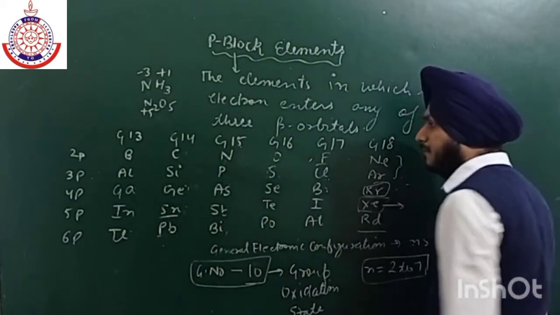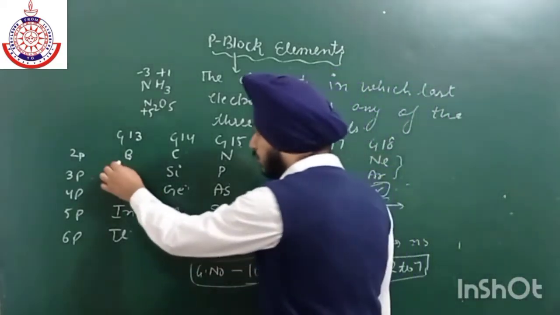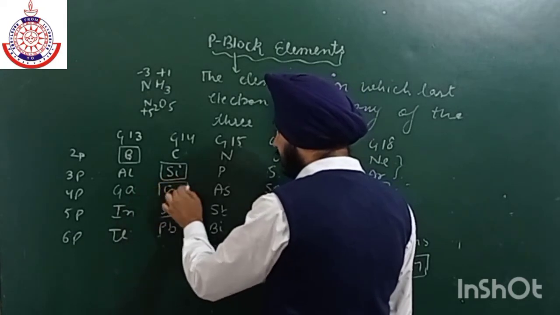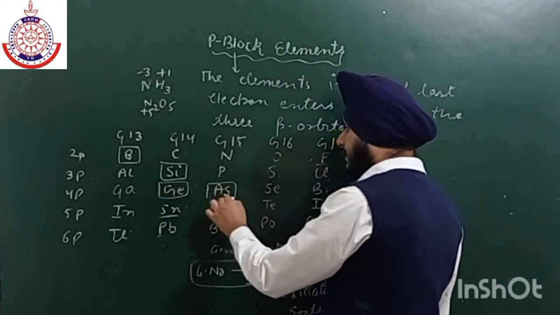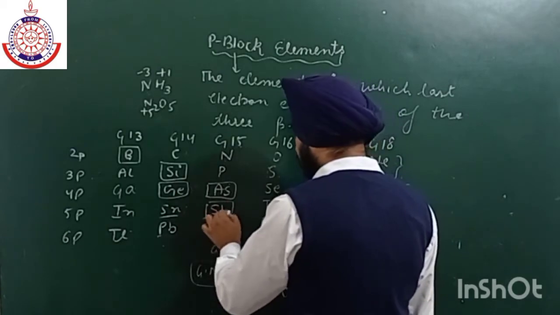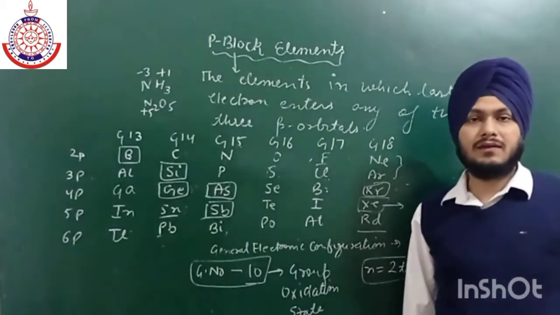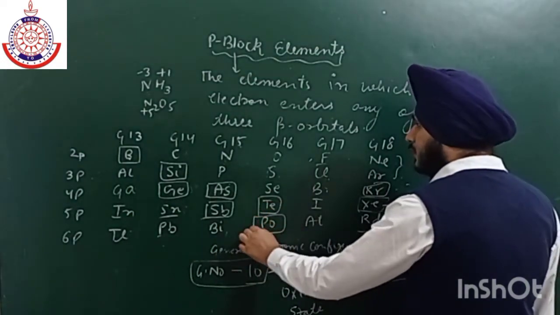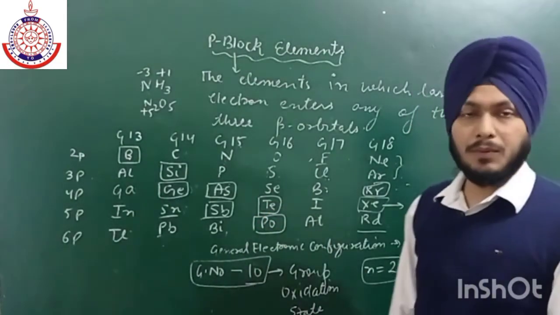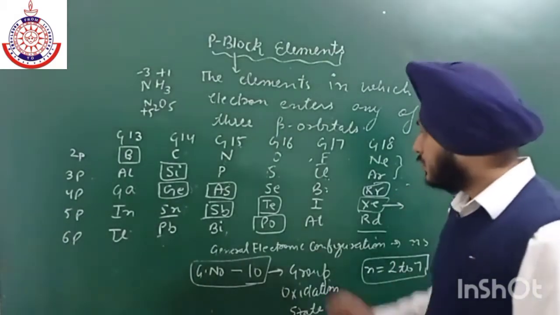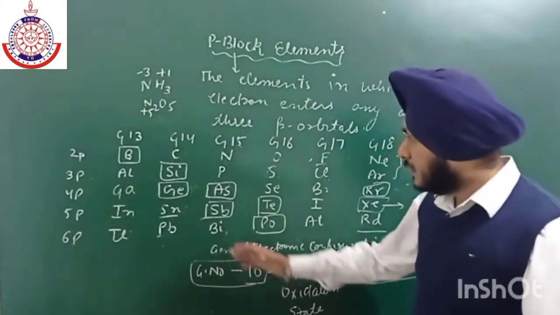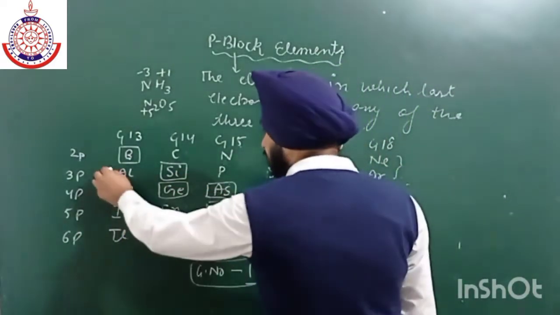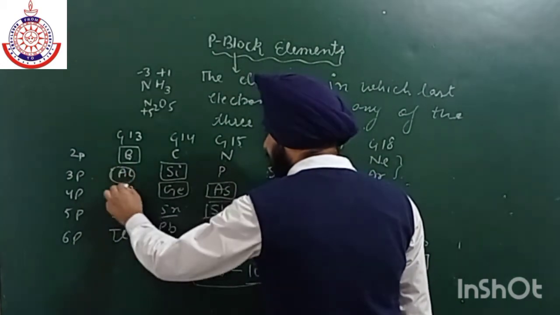So there is a borderline, here is a borderline, that boron, silicon, similarly we have germanium, arsenic, antimony, okay, and then we have tellurium and polonium. So all these elements which are in the block are metalloids, okay. And the rest of the elements, if we talk about these elements, so these are metals which are in the circle, okay.